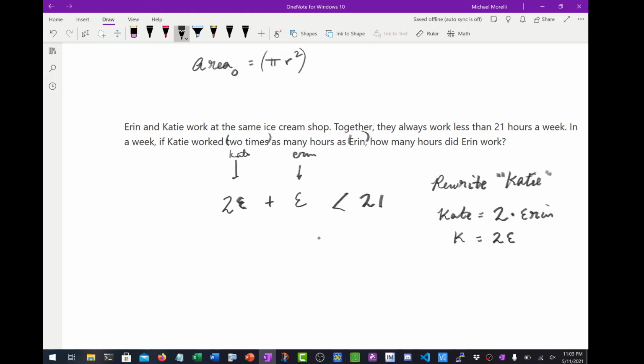Okay, so we just add 2E to 1E, and we have 3E is less than 21. Remember, it wants to know how many hours Aaron worked, so we would just divide both sides by 3. And we have that Aaron worked less than 7 hours.